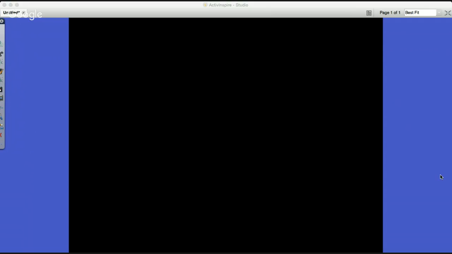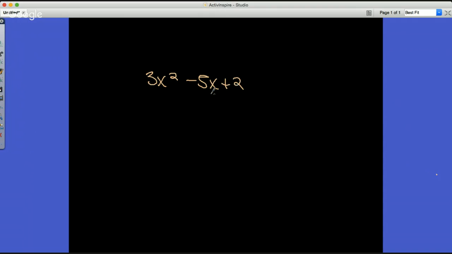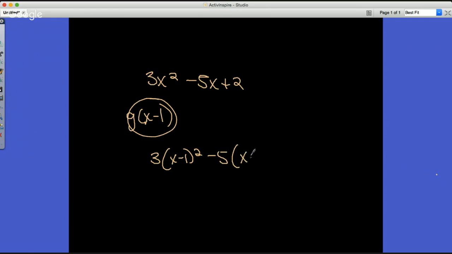One thing to note is on number 8 with 3x squared minus 5x plus 2. On letter C, it says g of x minus 1, meaning we plug x minus 1 in for x. So we get 3 times x minus 1 squared minus 5 times x minus 1 plus 2.